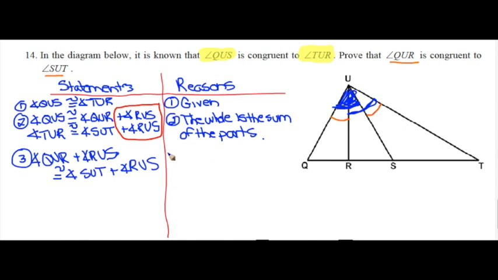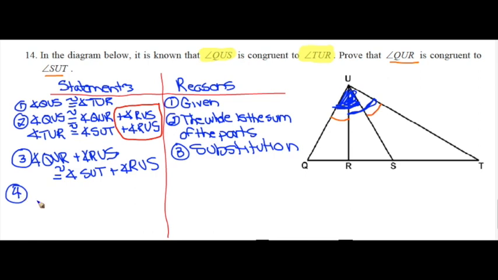And what I did here was some substitution. Basically, since up here this is the same thing as this in step 2, it stands to reason that what they both equal must also be equal. So I substituted the two ideas into this one statement.